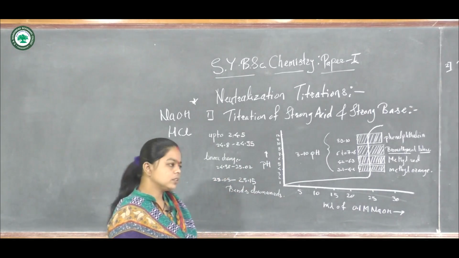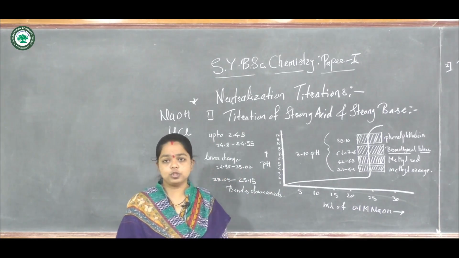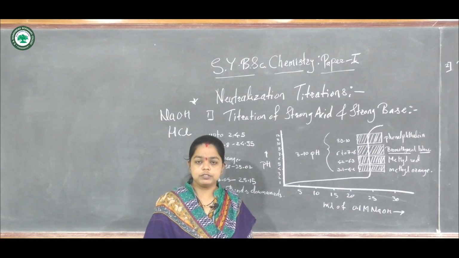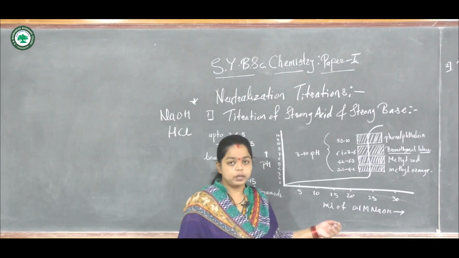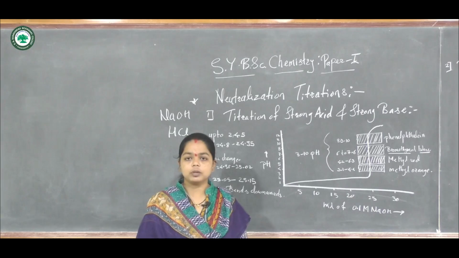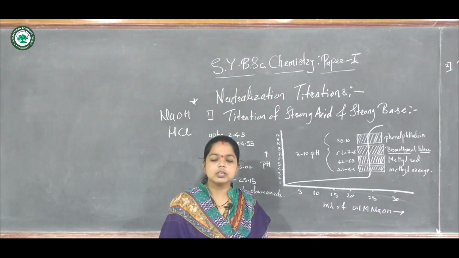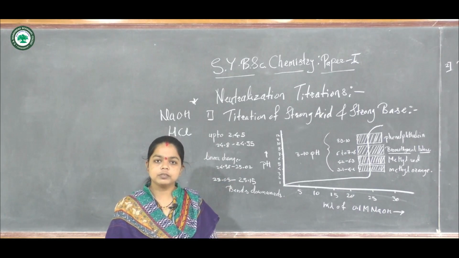Now let us consider that your burette is filled with the standard solution of NaOH, which is 0.1 molar or 0.1 normal. Molarity and normality are the same for NaOH because the molecular weight and equivalent weight are the same, that is 40.